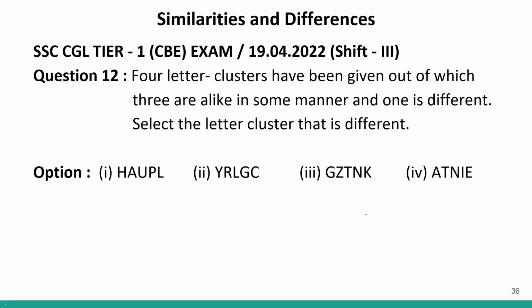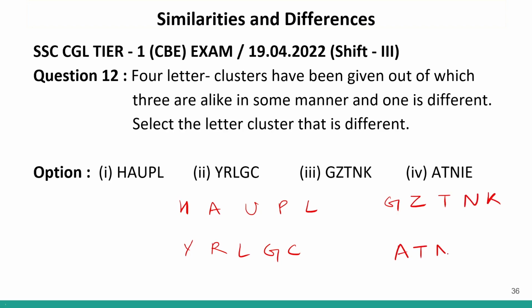Now, same type of question. Let us solve. So, H, A, U, P, L, Y, R, L, G, C, G, Z, T, N, K, and A, T, N, I, E. So let me quickly give them forward ranks. H is 8, this is 1.